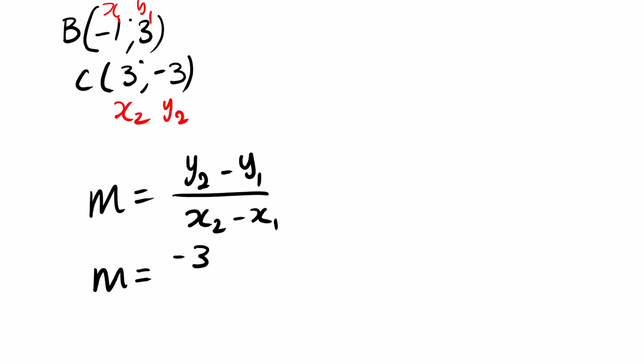y2 is -3. Actually, I want to use a different color so that you can see the negative from the coordinates and the negative from the equation.